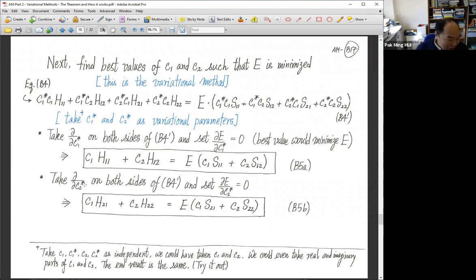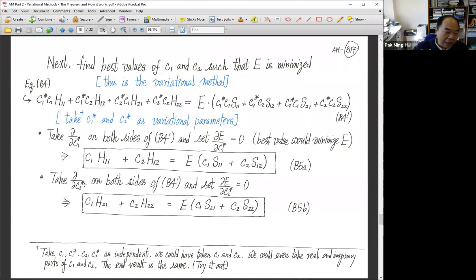Why do we take C1 to be independent of C1 star? As I said, if you are not comfortable, try it out yourself. You can try real part C1, imaginary part C1, real part C2, imaginary part C2. Naturally that will be the choice.